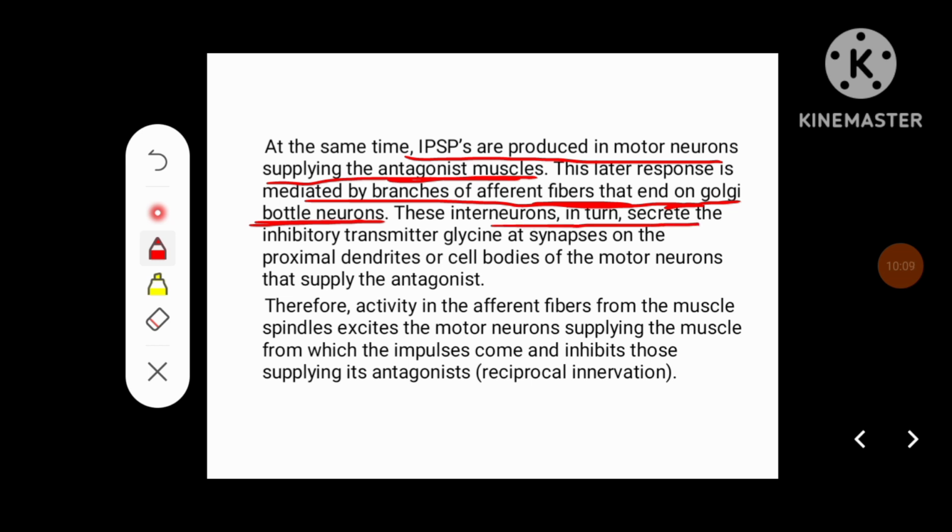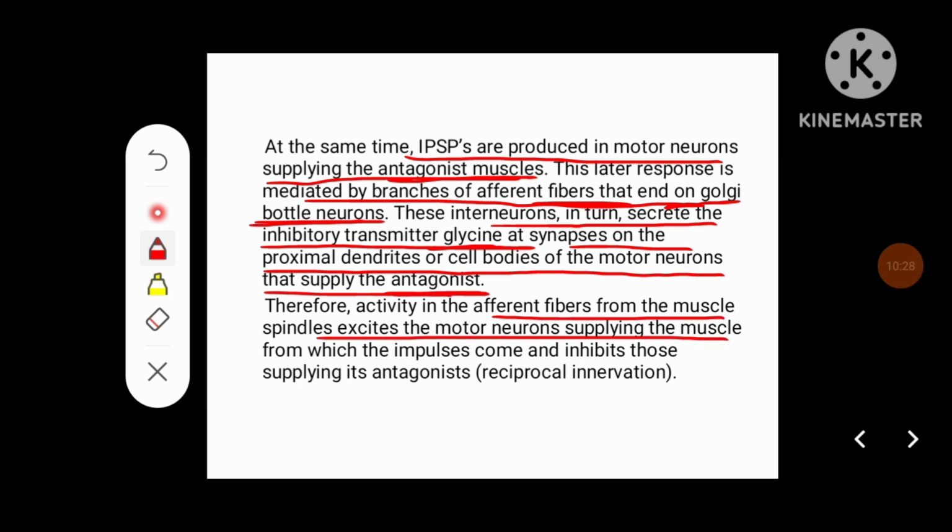These interneurons in turn secrete an inhibitory transmitter, glycine, at synapses on the proximal dendrites and cell bodies of the motor neurons that supply the antagonist, and this is an example of direct inhibition. Therefore, activity in the afferent fibers from the muscle spindles excites motor neurons supplying the muscle from which the impulses come and inhibits those supplying its antagonist, and this reflex is called reciprocal innervation.